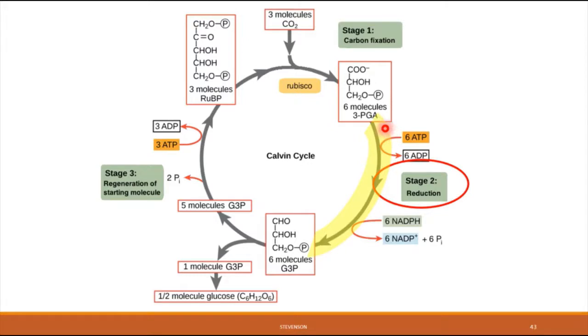The molecules of 3-PGA are going to be transformed each into a molecule of G3P. And to do this, it takes the addition of some energy from the ATP that was made in the light-dependent reactions, as well as the addition of the hydrogen atoms and the electrons that were collected by the NADPH molecules.